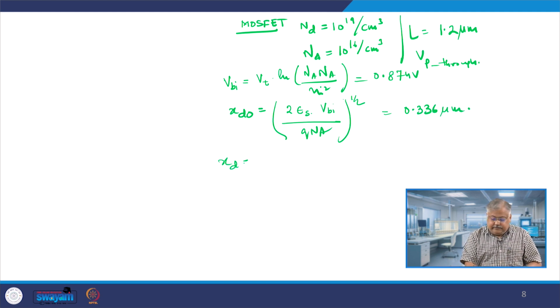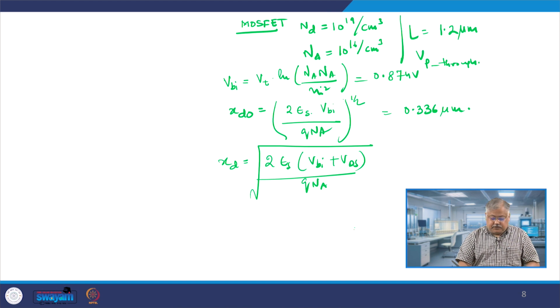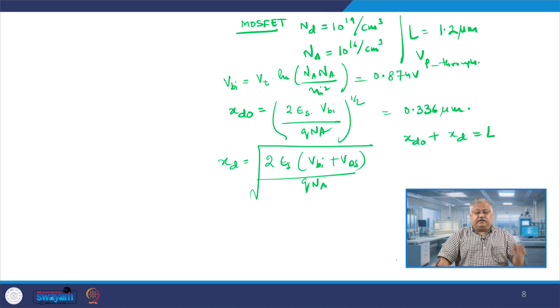And xd will be given as 2 epsilon s times V built in plus Vds divided by Q times Na, in presence of the depletion width. Now, in punch through, xd0 plus xd should be equal to L. xd0 is the depletion at 0 bias, xd is with bias. If you add the two together, that should be exactly equal to the channel length.